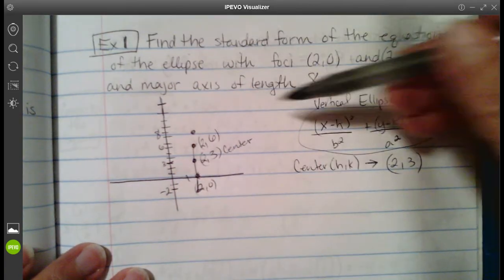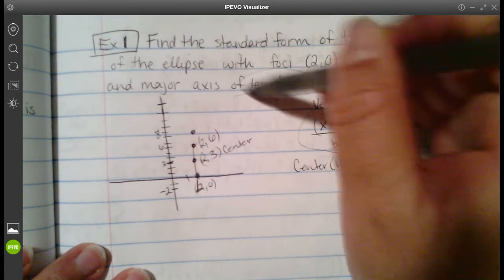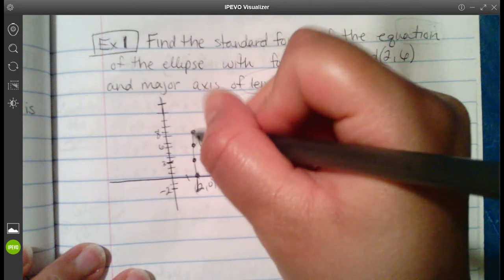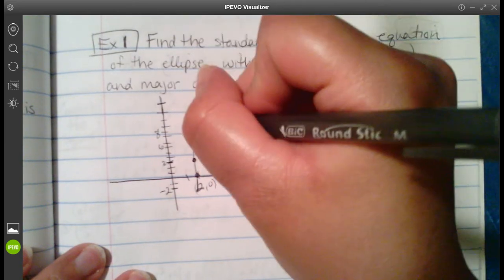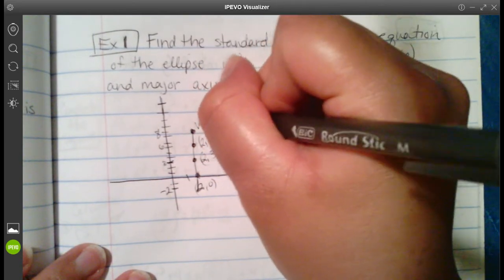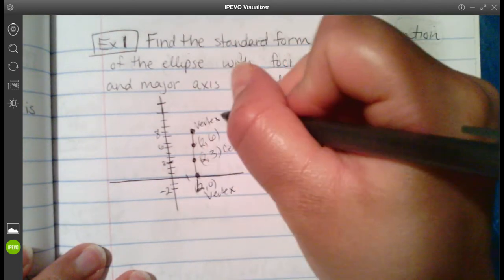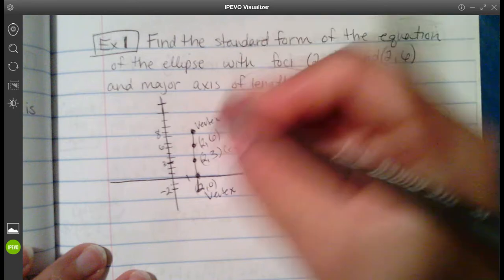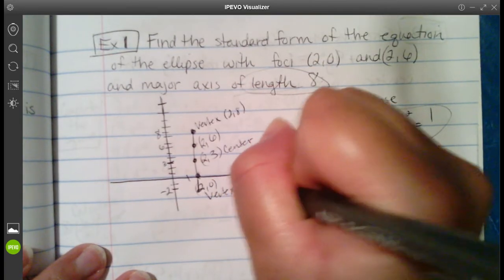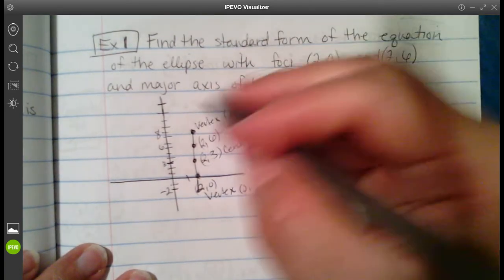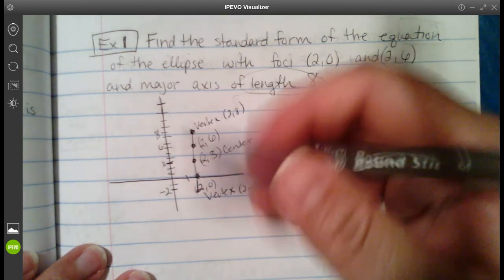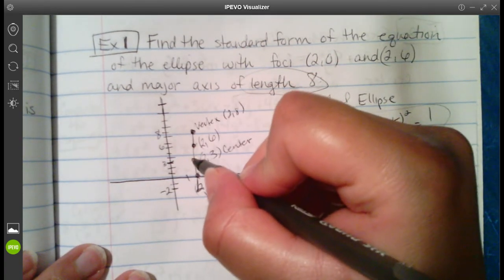All I'm doing is trying to get this length of 8 that I need. This is going to be my vertex, one of them, and this will be the other vertex. Those points are 2, 8 and 2, -2. So yay, I have one entire thing so far.